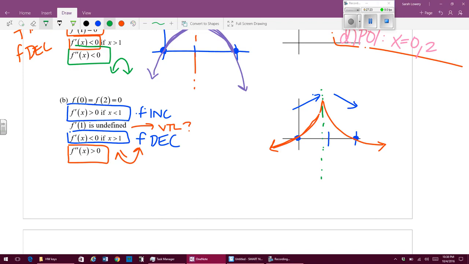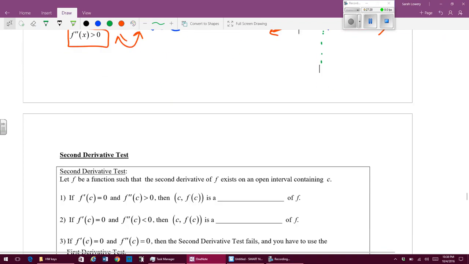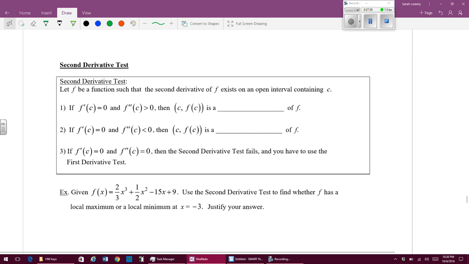Which brings us to what I'm really wanting us to get to, which is the second derivative test. The second derivative test says we're going to let f be a function, and it's going to have a second derivative. If the derivative is 0, and I want you to underline that derivative, the concavity is positive, so I have an upward-facing concavity, then that actually tells me that the point C, f of C, is a minimum of f.